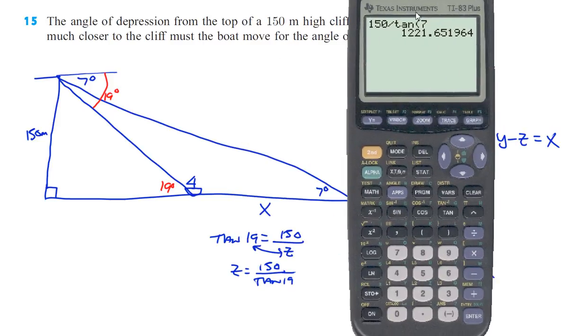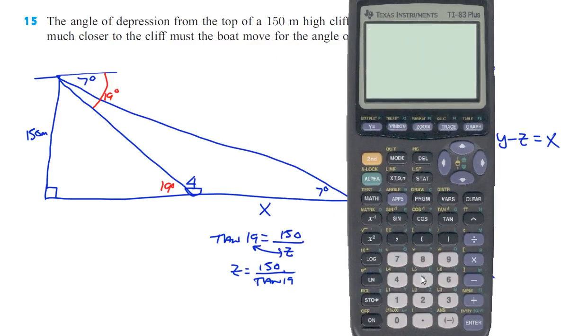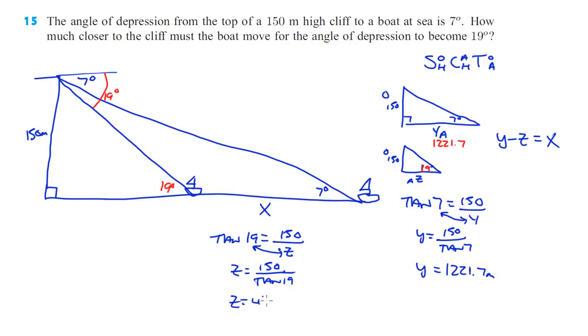We do 150 divided by tangent 19, and that gives us that this distance here is 435.6.